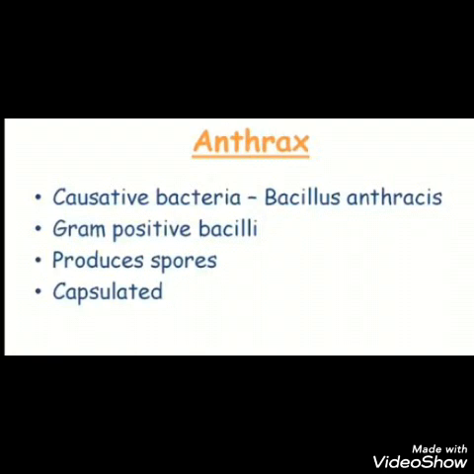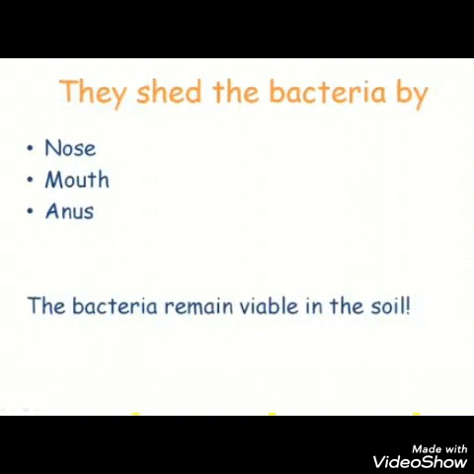It produces spores, and the slimy layer is antiphagocytic, which means phagocytic cells like macrophages cannot phagocytose or engulf them.